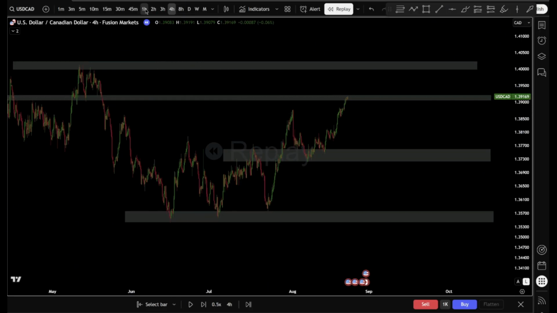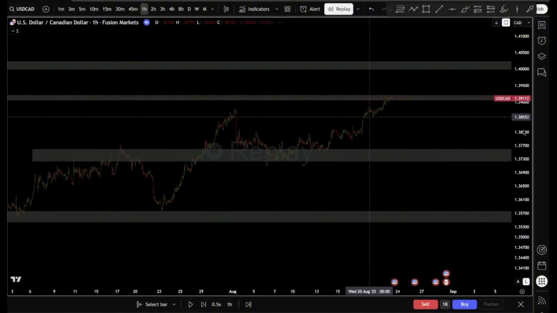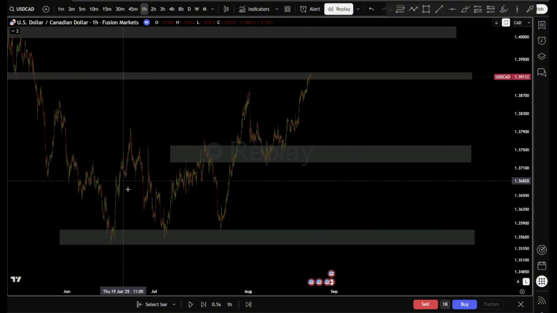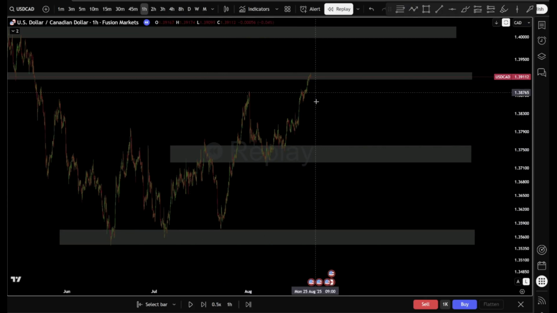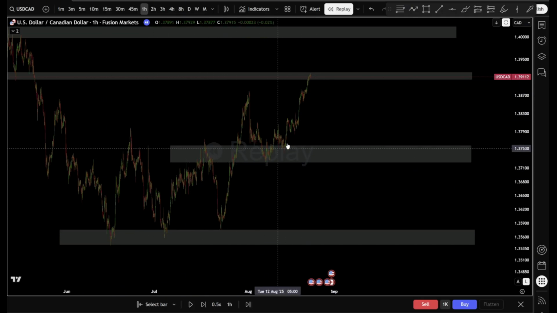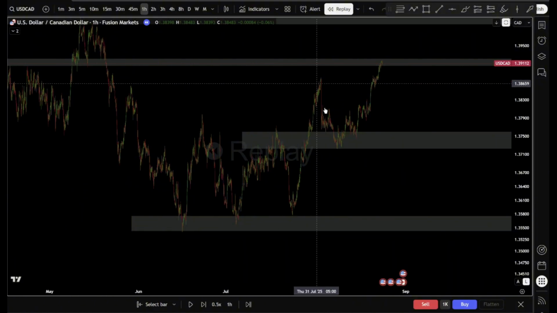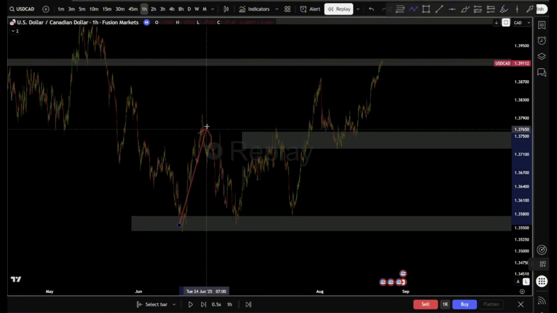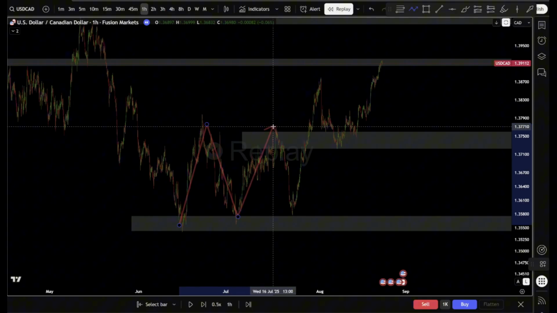We will go in the 1-hour time frame. We could see that the market is in an uptrend right now. In the higher time frame, it was looking like it's going sideways between this resistance and this support. But over here we see how it is kind of forming a higher low.